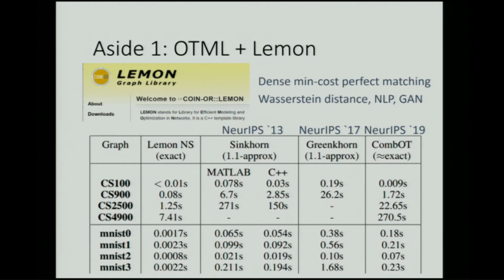So this is a result. It started with a work in NeurIPS 13. There was a work in NeurIPS 17 that sped it up. And there was also recent work that did slightly more combinatorial things to it. But what we found out is that once we extracted the data, the problem essentially was a min cost perfect matching problem on a very dense graph with about 1,000 vertices.